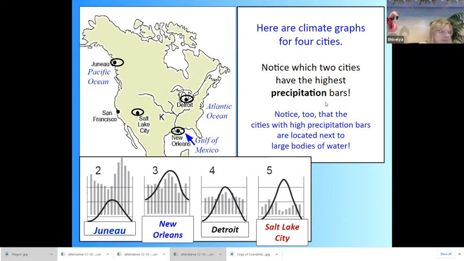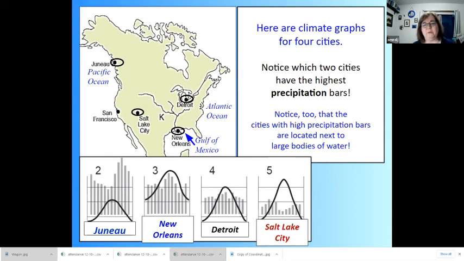So precipitation. So then they eventually get to this activity. In the precipitation, you may have possibly wanted to do a review of climographs if your students didn't understand them well initially.